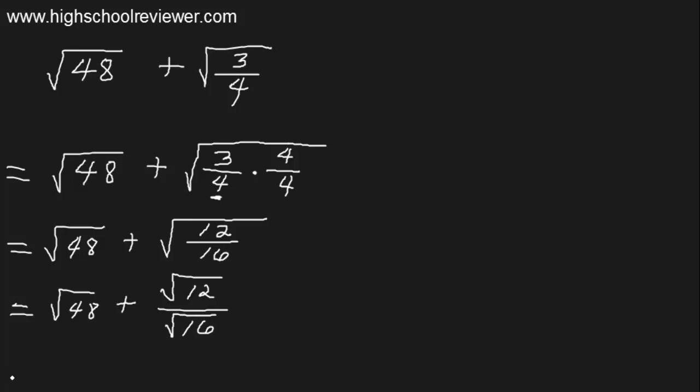Okay. So we will now factor out 48, wherein one of the factors is 12. Okay. So 48 divided by 12, this will give us positive 4. So this will now be the square root of 4 times 12 plus the square root of 12. We cannot simplify this.